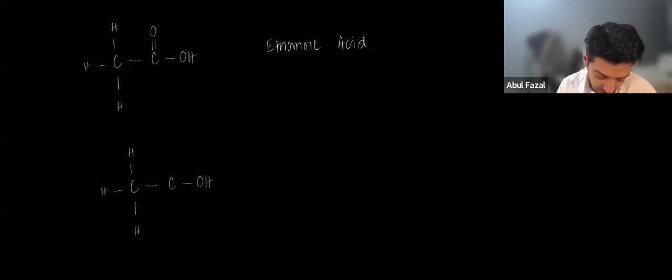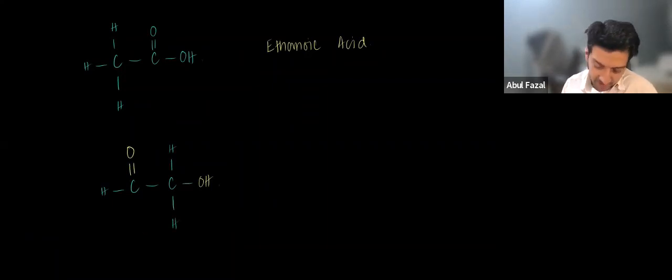अगर ये यहाँ पे लगने की जगह यहाँ पे किसी ने लगा दिया, I'll actually make this yellow as well. अगर ये किसी ने बना दिया, look, the O and the OH are on different carbons. So this does not chemically behave the same way as this does.